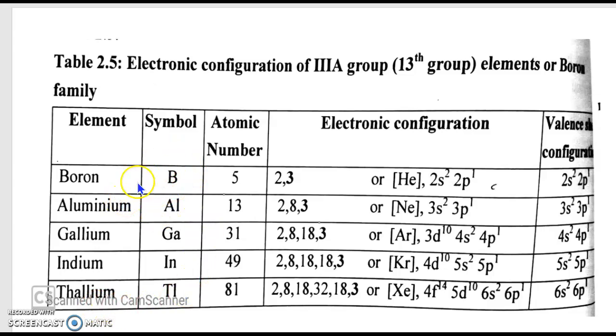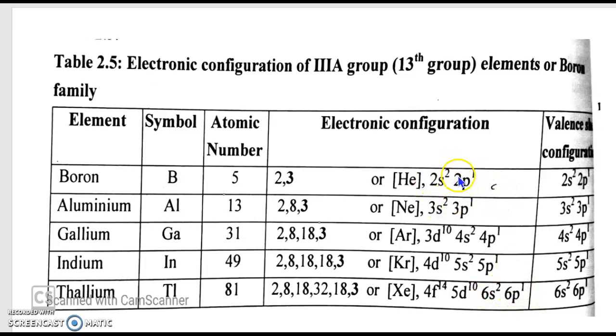These are the symbols for these elements: B, Al, Ga, In, Tl, having atomic numbers 5, 13, 31, 49, 81, and these are their electronic configurations: 2s2 2p1, 3s2 3p1 3d10, 4s2 4p1 4d10, 5s2 5p1 4f14 5d10, 6s2 and 6p1.